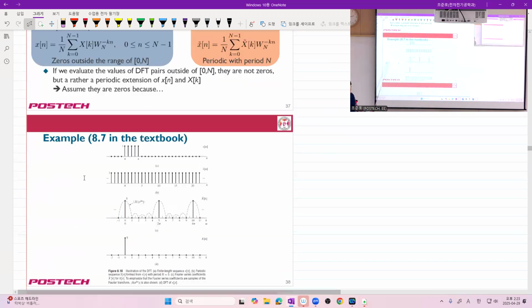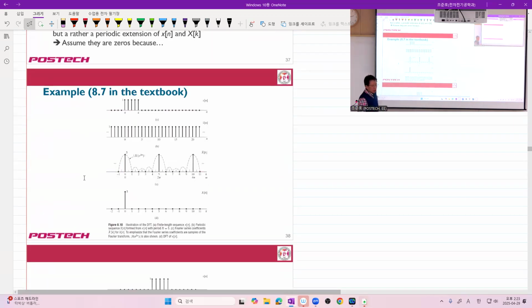But anyway, let's see this figure. Seeing this figure is much more informative. So you have the original finite duration signal. By the way, what is the duration? Is it 4 or 5? 5, right? The larger number minus the smaller number plus 1. So here we choose capital N equals 5, but it's okay to choose any number greater than or equal to 5.